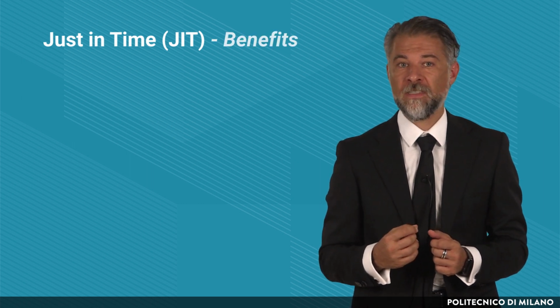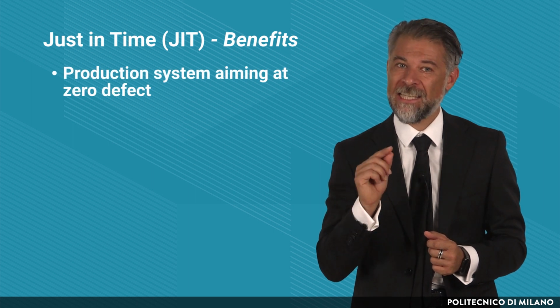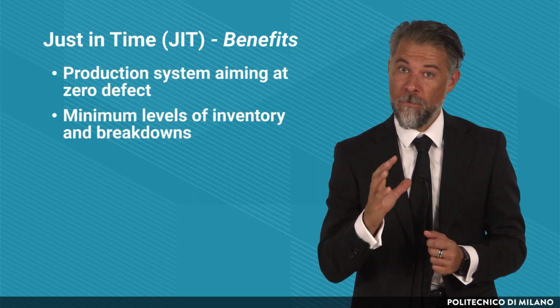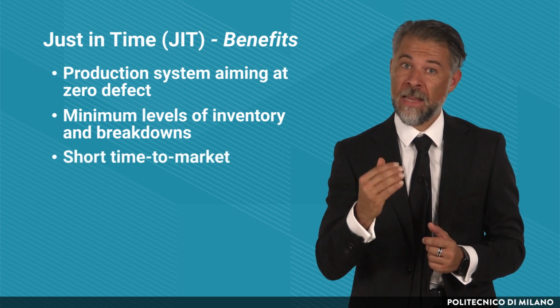Machines layout, workers' skills, suppliers' capabilities, product design, and several other aspects of a production system must be shaped or reshaped according to JIT principles. Resulting benefits include a production system aiming at zero defects, minimum levels of inventory and breakdowns, and short time to market.